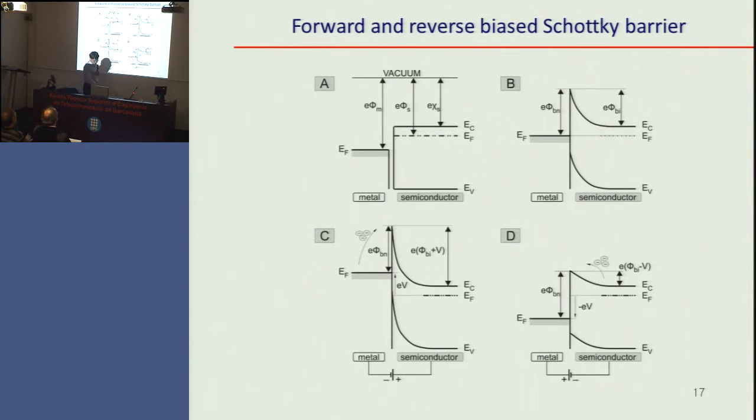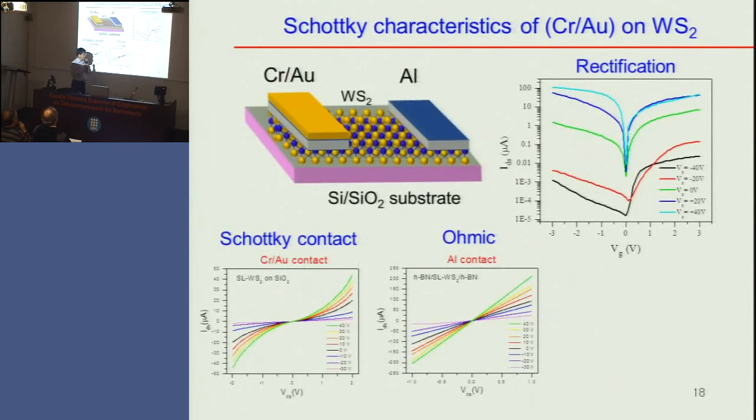So like this, we have metal and semiconductor, and on the other side, another metal. If you see that, you might think, okay, there are two Schottky barriers. However, a Schottky barrier does not always happen. It depends on two kinds of contact: one is ohmic contact, the other is Schottky barrier contact.